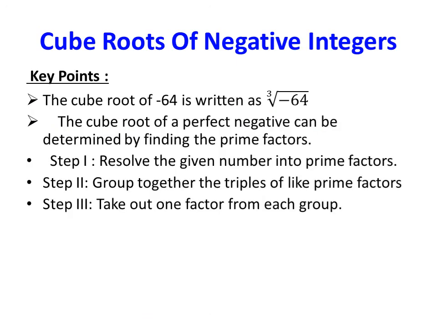And the cube root of minus 64 will be written like this, and the cube root of a perfect negative cube can be determined by finding the prime factors. We follow the same steps. First of all, resolve the given number into prime factors, then group together the triples of like prime factors, and then take out one factor from each group.